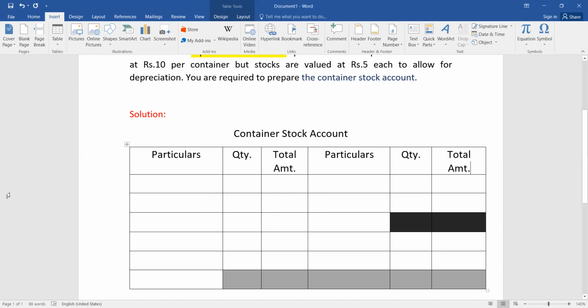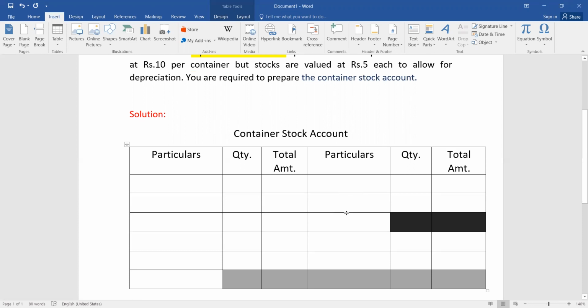As discussed earlier, on the debit side we take the balance brought down, the purchases made during the period, and the cash paid on account of repairs. To the credit side, the damages transferred to the P&L account, the depreciation, and the closing stock are taken.